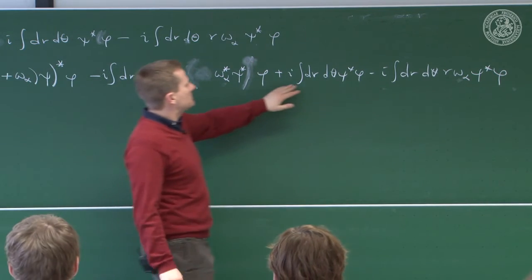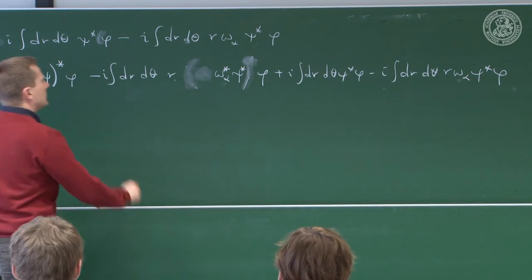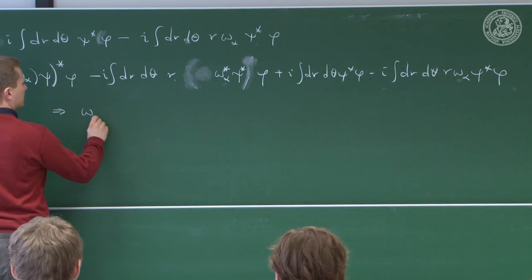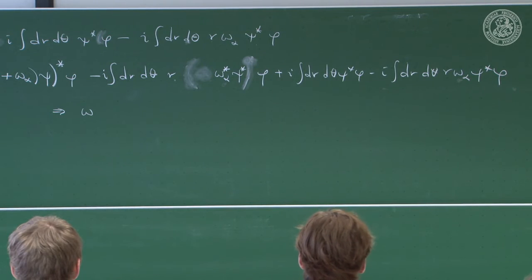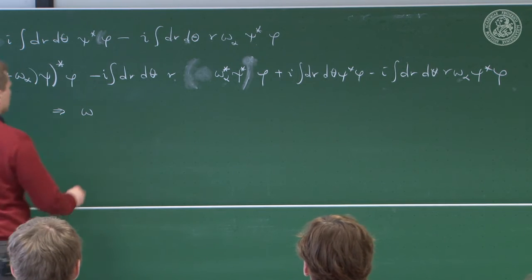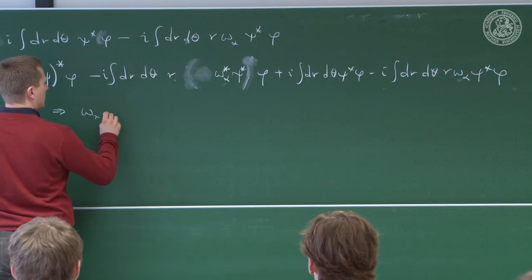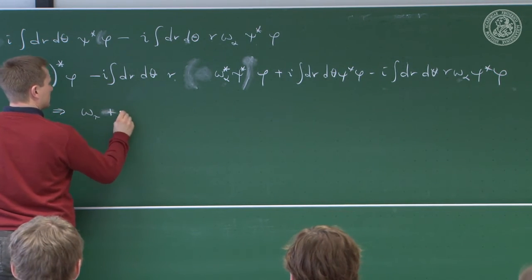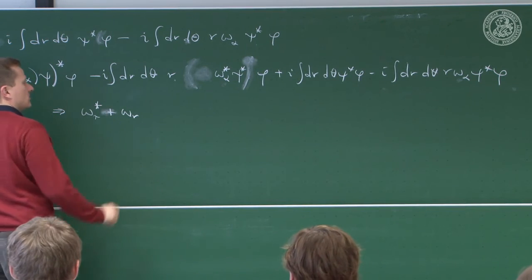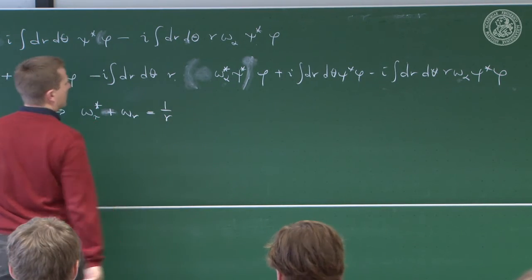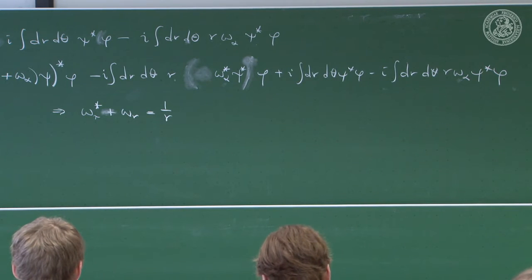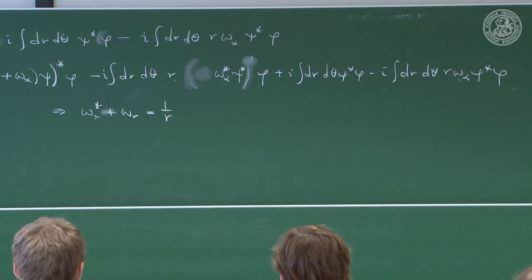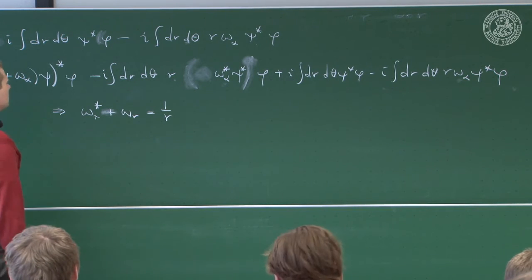So now these two terms together need to cancel this term, and this is certainly effected if omega r, because omega theta is 0 anyway, if omega r plus omega r star must be 1 over r. Agree? So that was the mistake.